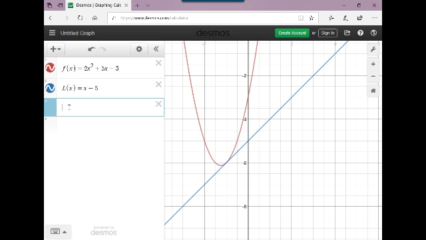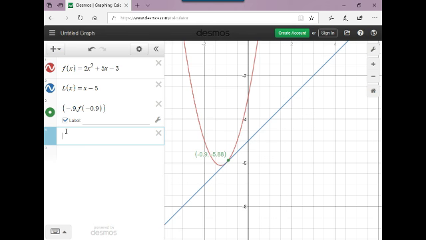So for example, if I wanted to plot the point -0.9, remember the x value we started with was -0.9, and plug that into f, the actual function, then we would get -0.9 comma -5.88 on the red graph.